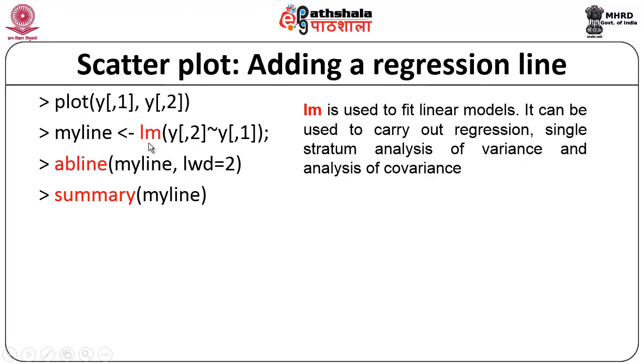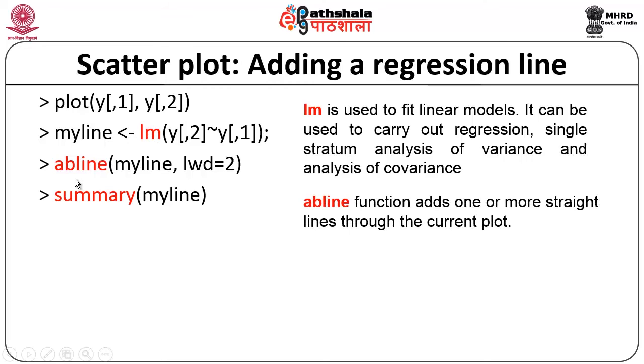So, the LM method, as mentioned earlier, is used for fitting the linear model. It is basically used for carrying out regression analysis, and this regression is carried out on a single variable or even a group of variables, whereby it becomes analysis of covariance.